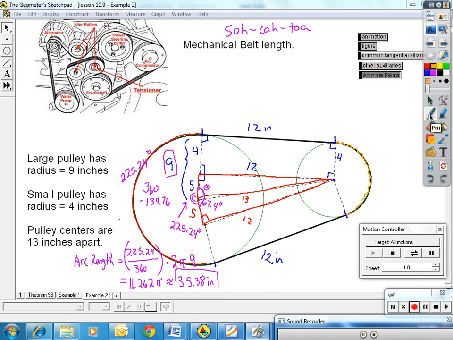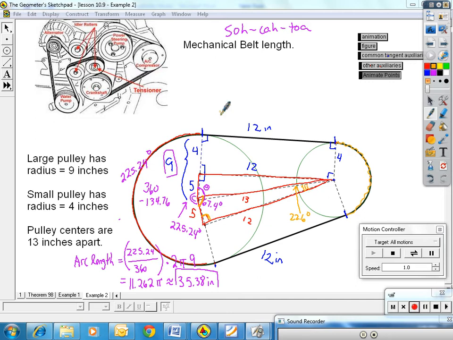If this is 67.4 and this is a right angle, we can find that one because they have to add up to 180, right? So this is going to be 22.6 degrees. How did I get that? I took the 67.4 plus the 90, subtracted that sum from 180 to find that small angle there.